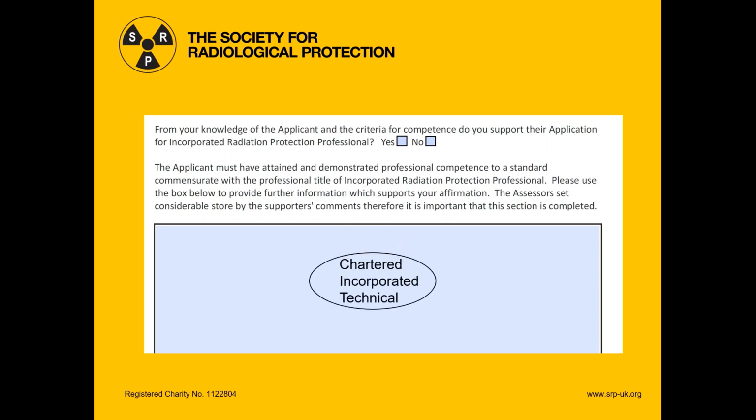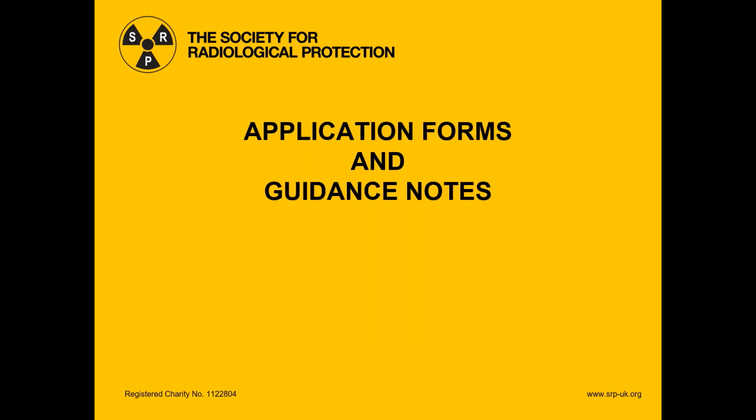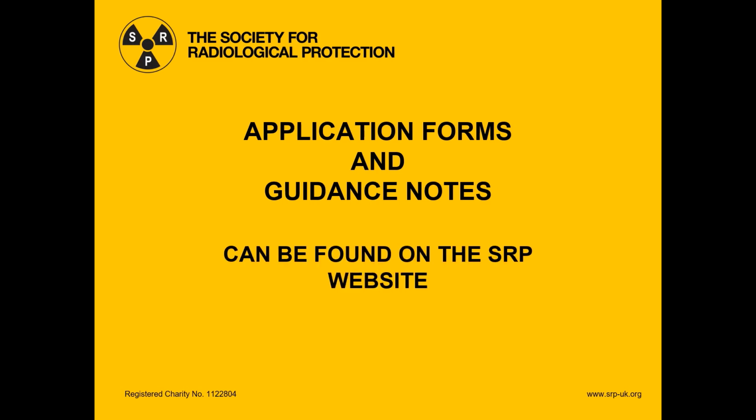Again, there is space for them to write their support. It is important that this section is completed, since the assessors set considerable store by the supporters' comments. Again, a reminder that all application forms and importantly guidance notes can be found on the SRP website.